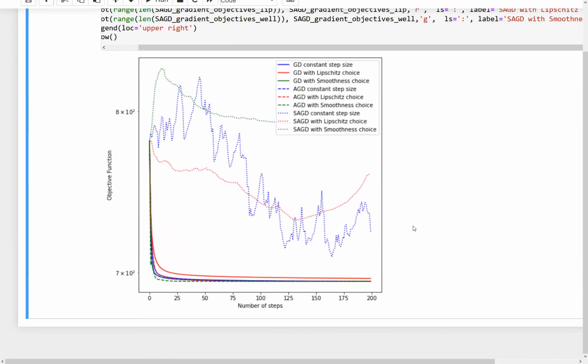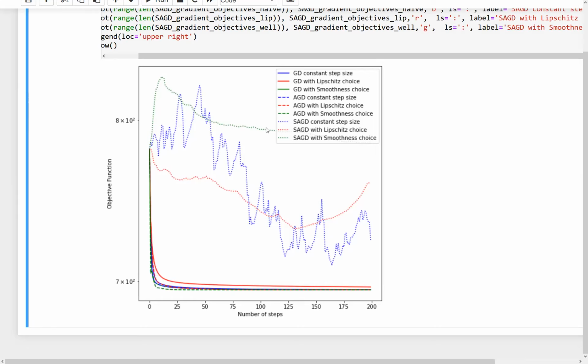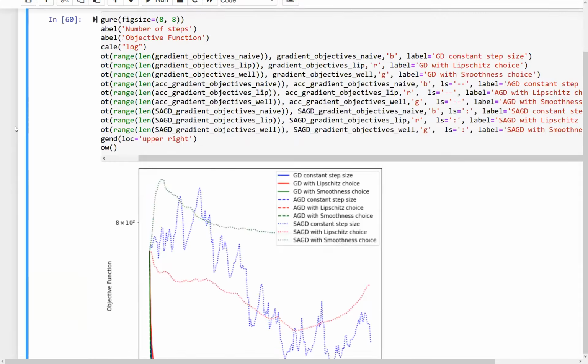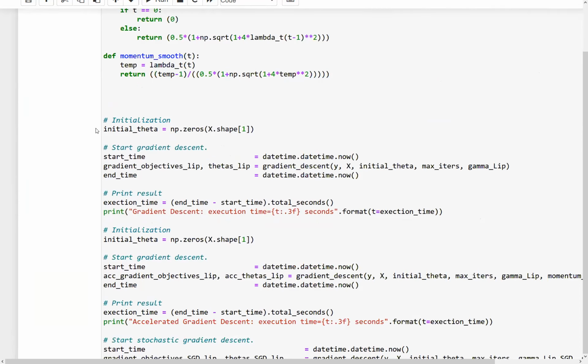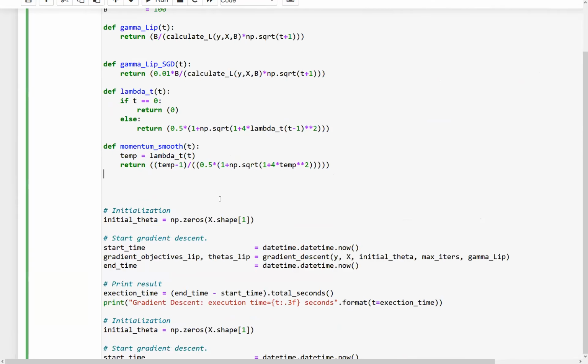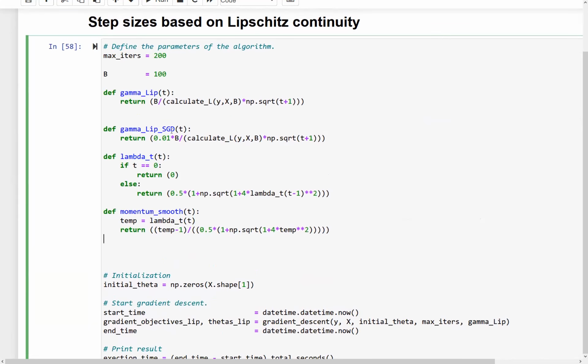And then you see the smoothness choice is going down slowly. The constant step size is doing actually quite good, right? So this is interesting. And for the Lipschitz choice, this is where we have the square root of t.